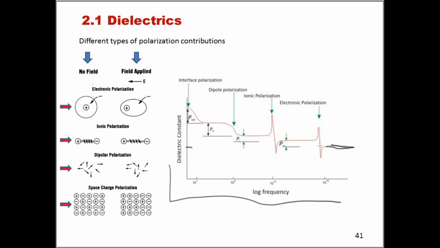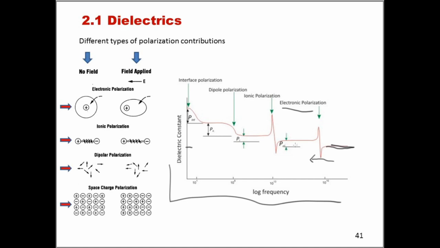But what happens is that as you now decrease the frequency of the signal that you are using to excite the material, at a certain point, the first thing that will start to respond are the electrons. They are small, they have a very small mass, and so they can move very fast.